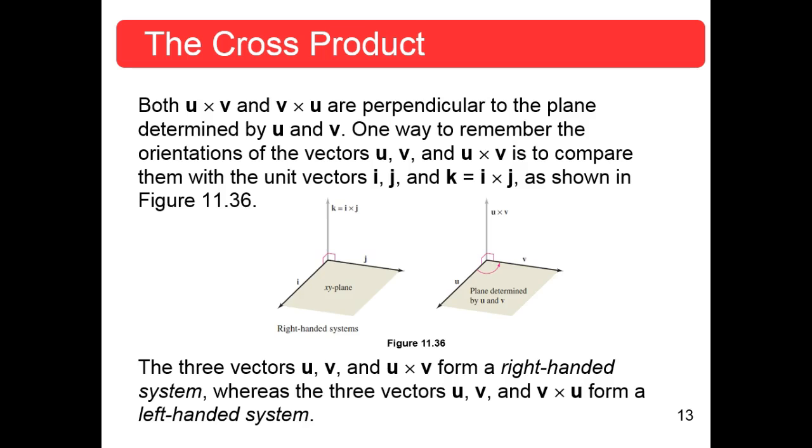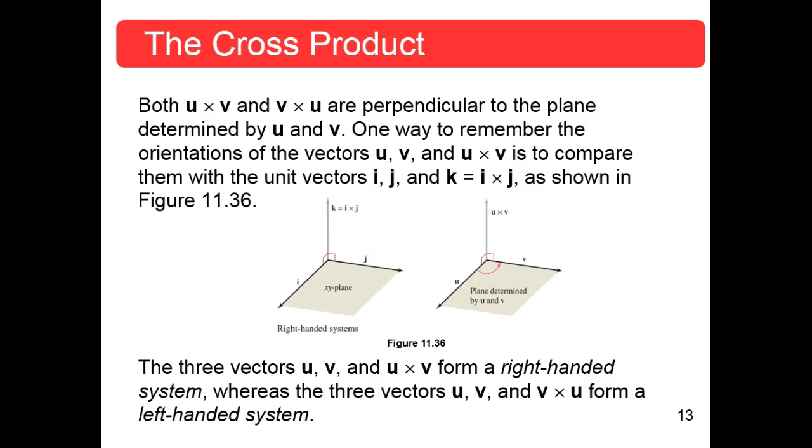It has to be, because it's perpendicular to U and perpendicular to V. But why do we get two results? Well, one's coming out on one side of the plane and the other's going out on the other side. One way to remember the orientations of U, V, and U cross V is to compare them to the unit vectors I, J, and K.